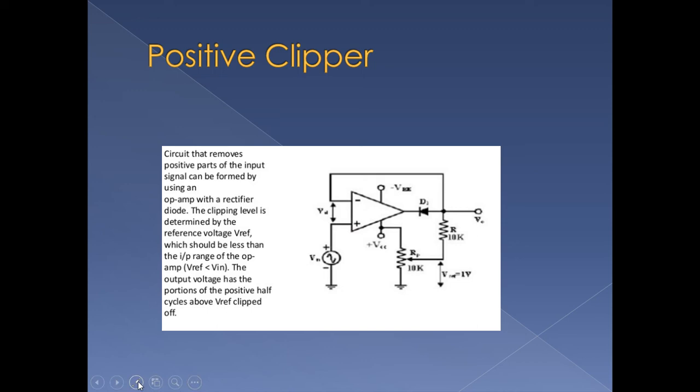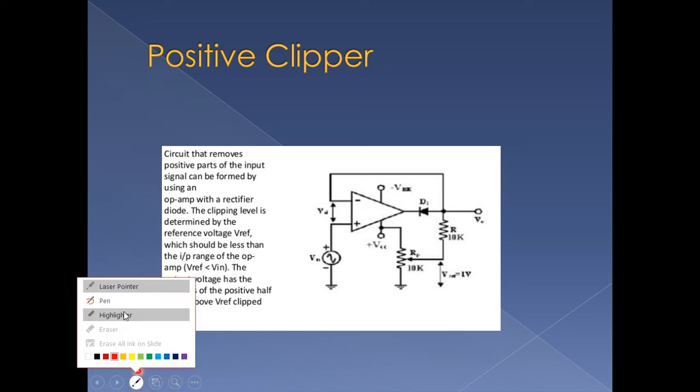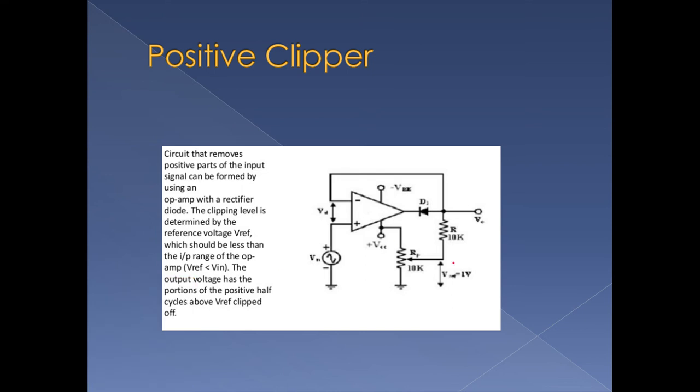So now assume that the reference voltage is 1 volt. Reference voltage is 1 volt, fed back to the inverting pin. I am giving the input voltage of 3 volt. Now check what will happen in the output.